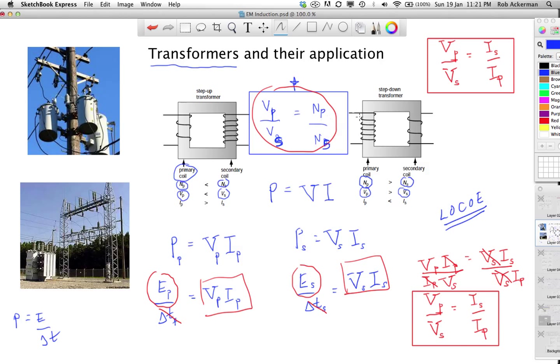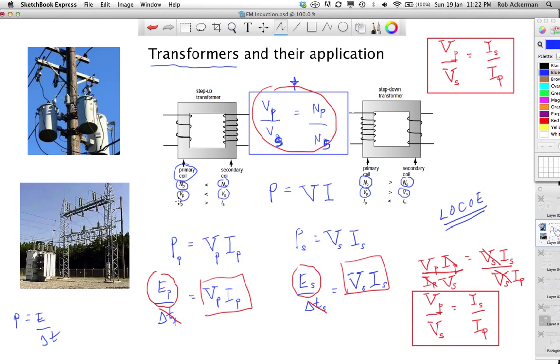You've got two equations, one of them telling you that if you wrap more turns in the secondary circuit, you get a higher voltage. But what is this telling you? It's telling you that the ratio of the voltages is opposite to the ratio of the currents. So if the primary voltage goes higher, then what happens to the primary current? It is going to go lower. And the reverse is also true.